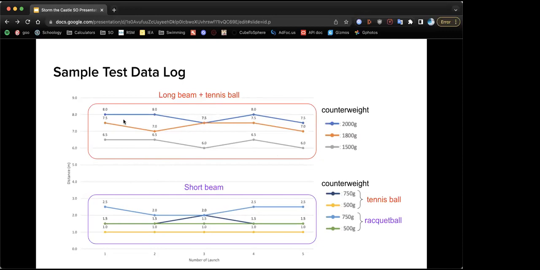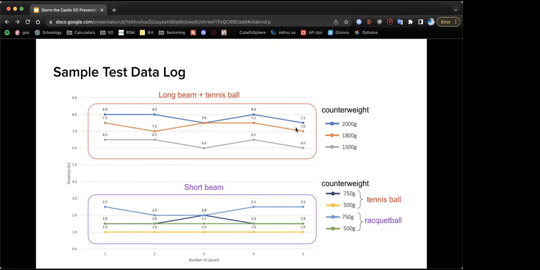So basically, this is mine from last year, and this is the graph for my longer beam. The blue is when the counterweight was 2,000 grams.